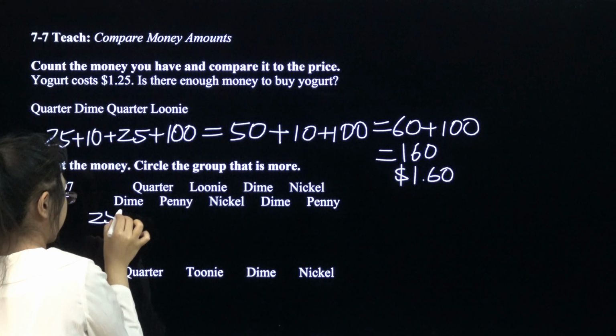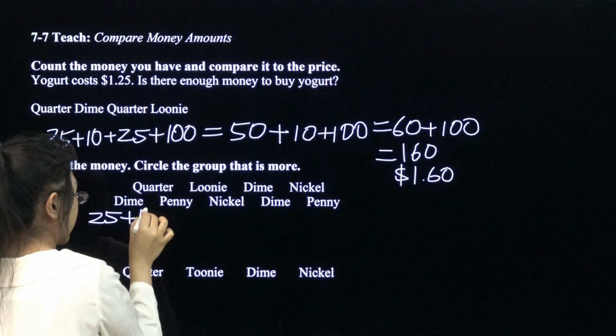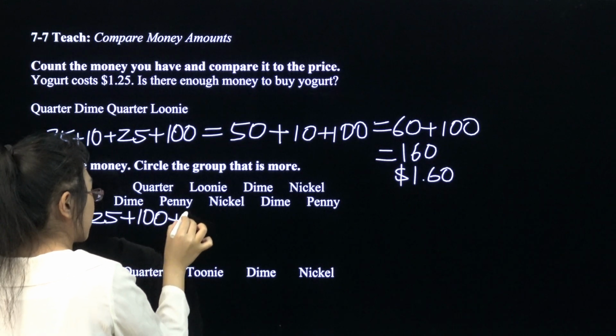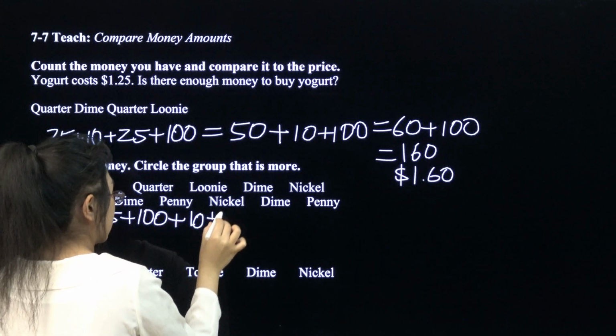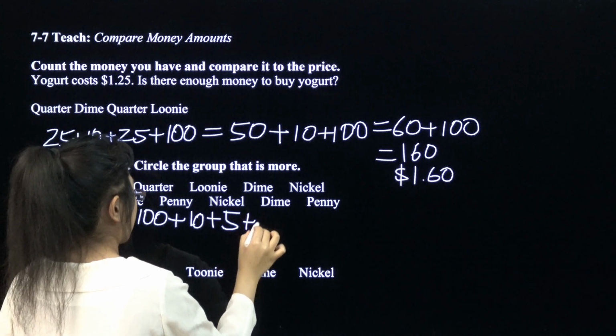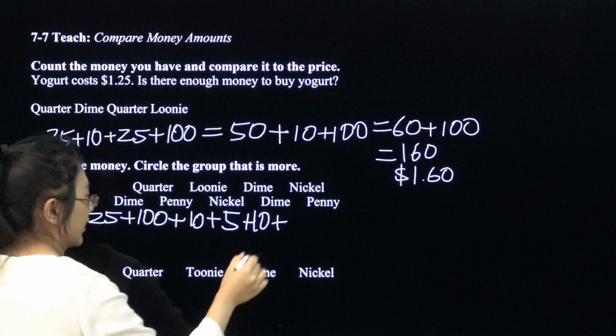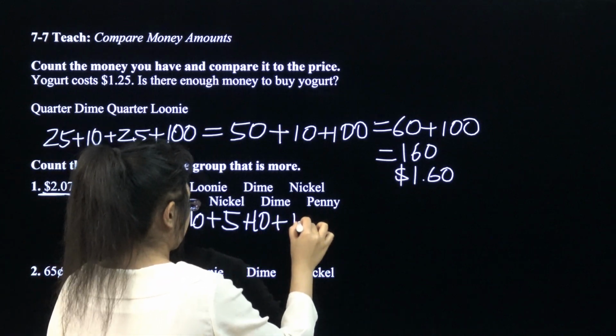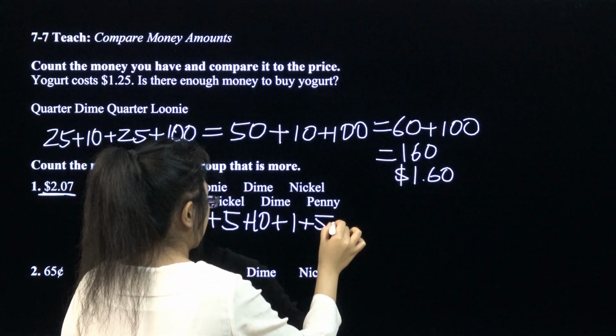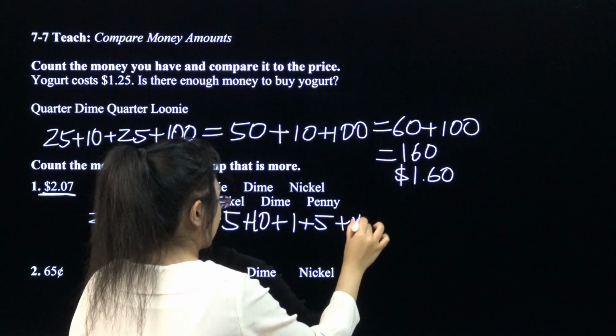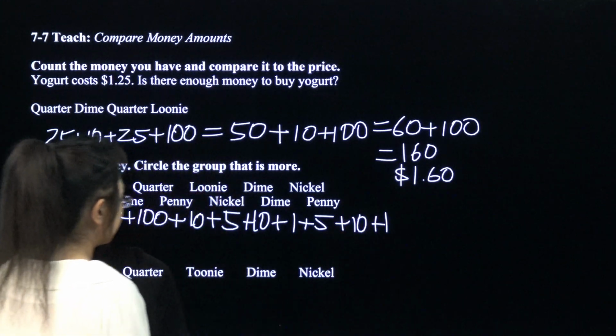We have a quarter, that's 25, plus a loonie, which is 100 cents, plus a dime, 10 cents, nickel, 5 cents, another dime, 10 cents, another penny, well, our first penny, because there's another penny back there, 1 cent, another nickel, 5, another dime, 10, and another penny, 1.